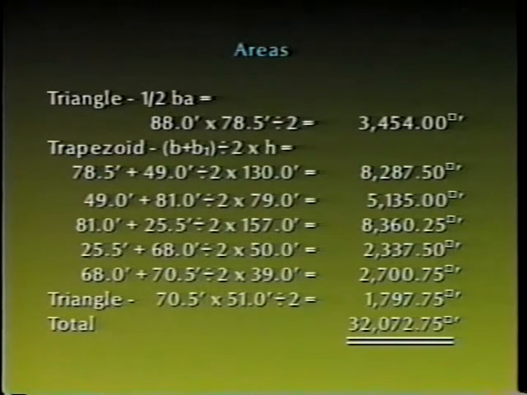Okay, let's compare our results. On the diagram shown, we have the triangle with a square footage of 3,454 square feet and the 5 trapezoids with 8,287.50 square feet, 5,135.00 square feet, and so on, down to the triangle.